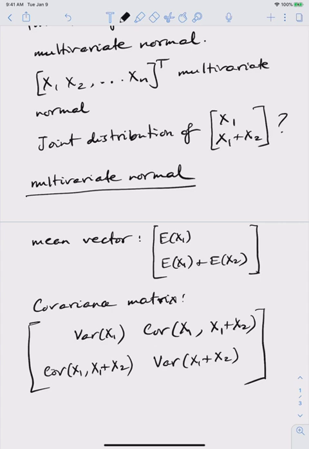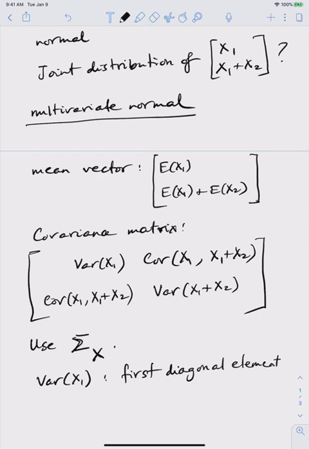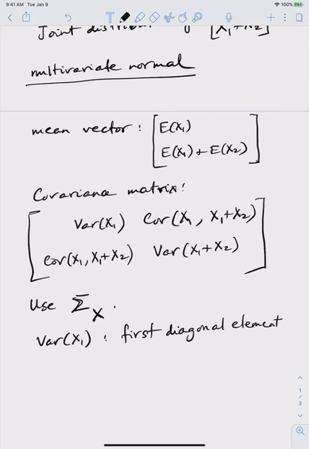So where are we going to find all this? We're going to find it in the covariance matrix of X. Where are we going to find variance of x1? It's the first diagonal element. Where are we going to find the covariance of x1 with this sum?